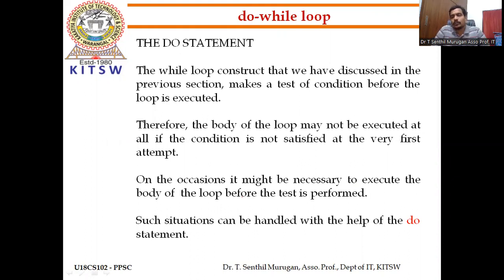I permit them once into the auditorium. Then I check the condition while calling each student: is he a principal student or not? If yes, I permit him and execute the loop. If he is not, then all principal students are over, and the loop, like the interview, will be over.